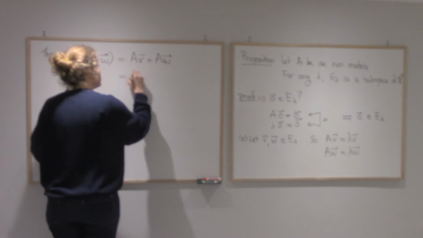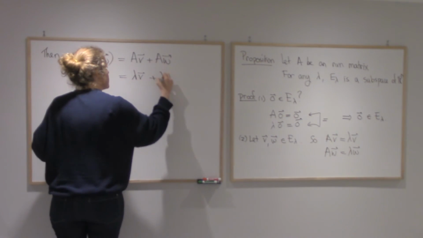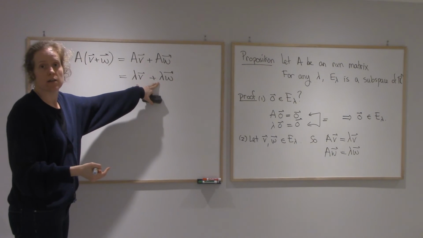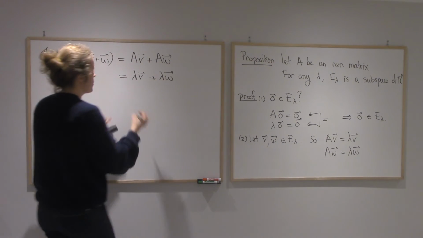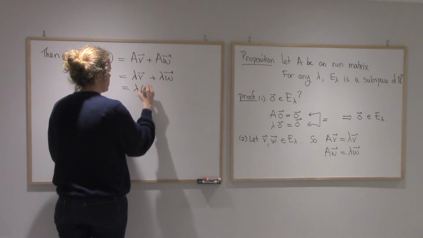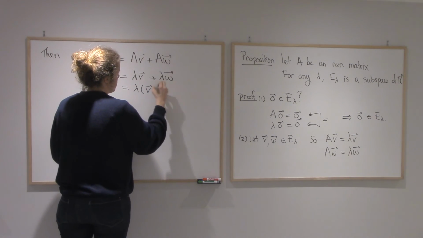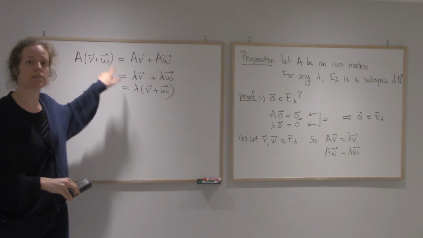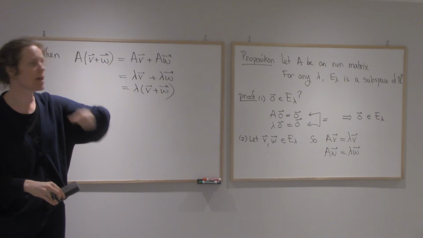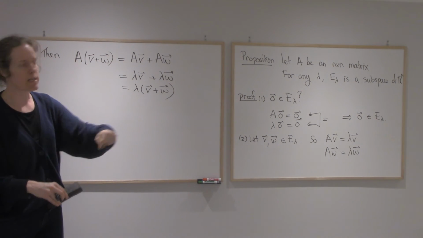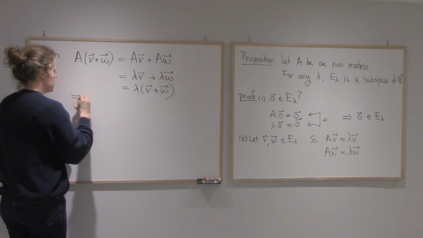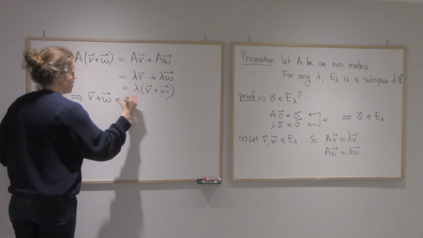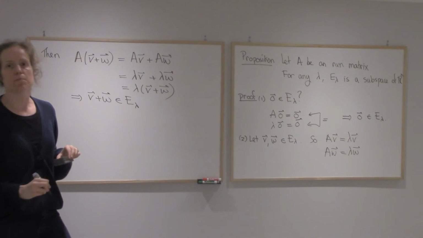This is lambda V plus lambda W. And now I can factor lambda, the real number, out, and I get lambda times V plus W. All right, so from here to here, we proved that V plus W deserves its membership in E lambda. And so it's a member of E lambda.